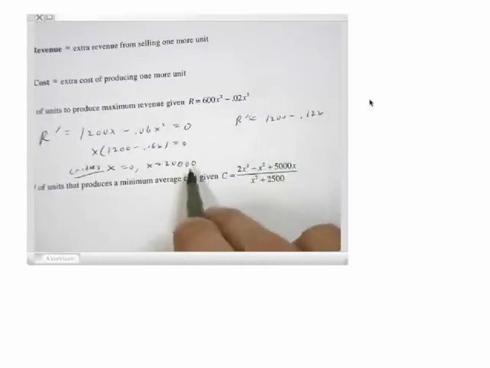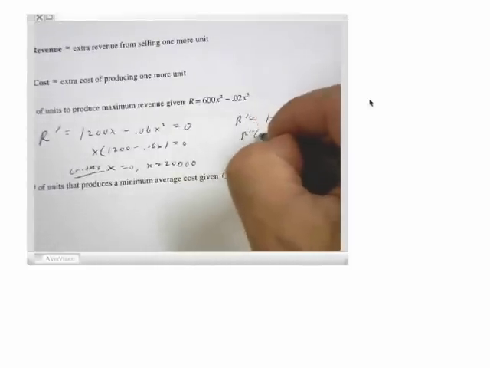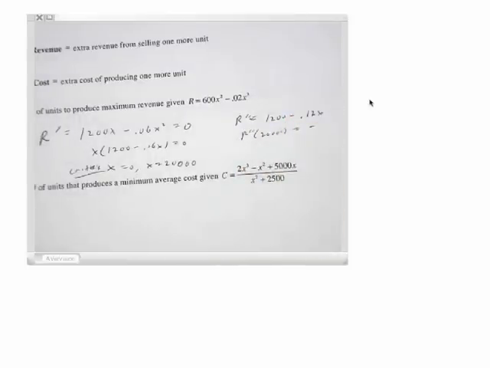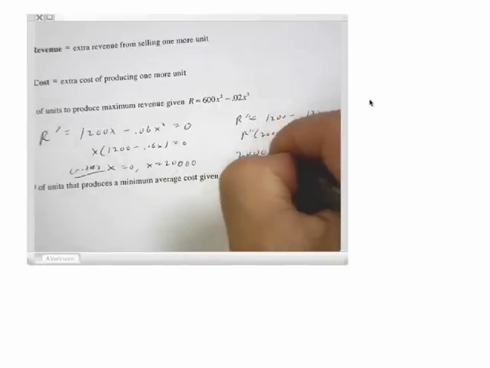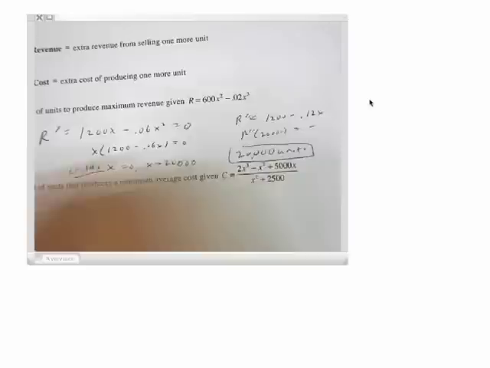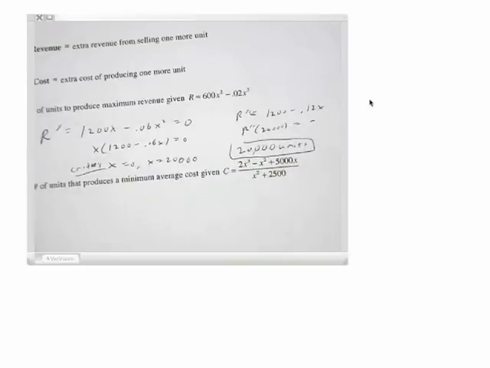If I plug 20,000 into that, the second derivative is going to come out to be a negative number, meaning it's concave down. So I have a relative maximum at 20,000. So we're going to maximize revenue in this case when we sell 20,000 units.